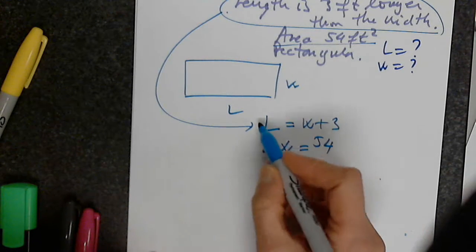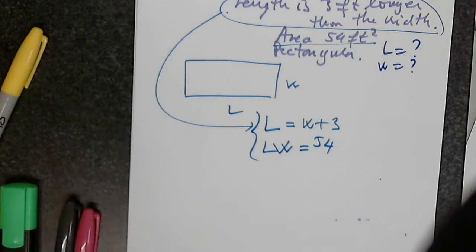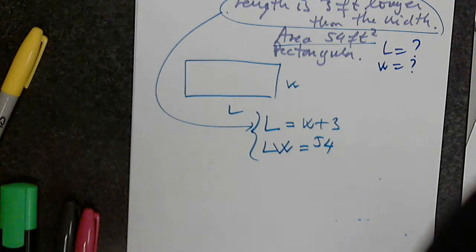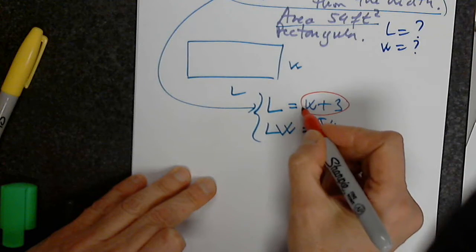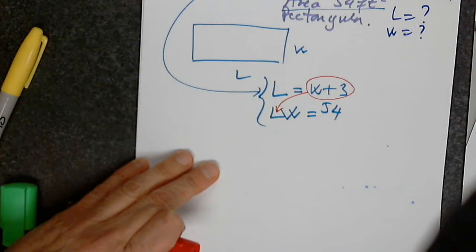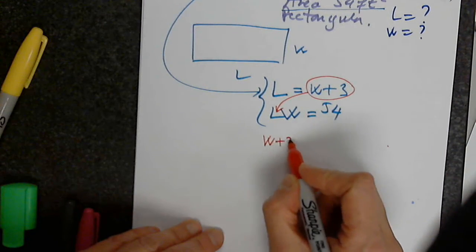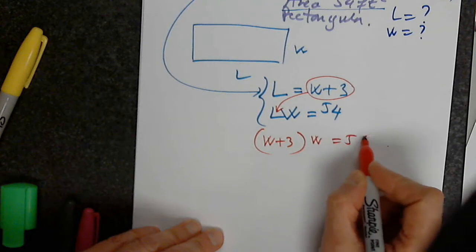Is 54. Very good. So now what will I do? Substitution, thank you. So then W plus 3 times W equals 54.